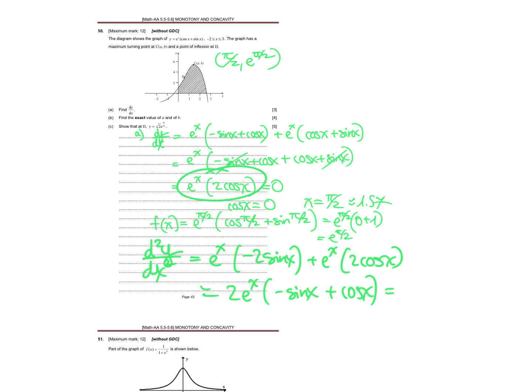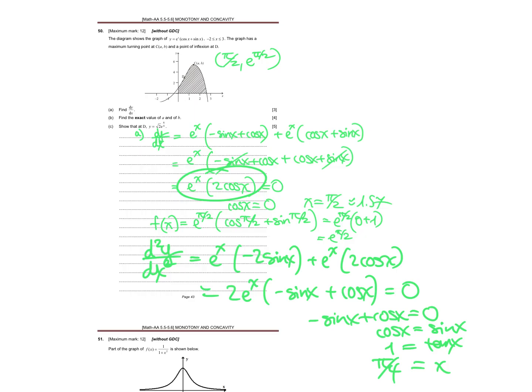And then we set that equal to 0 to find the inflection points. e to the x is never 0, so we have negative sine x plus cosine x is 0. And then we have cosine x is sine x, and then 1 is sine x over cosine x, which is tangent x. And that is happening at pi over 4, because sine and cosine are the same.